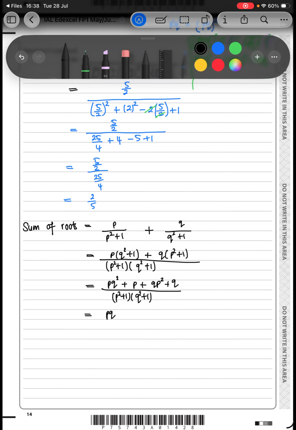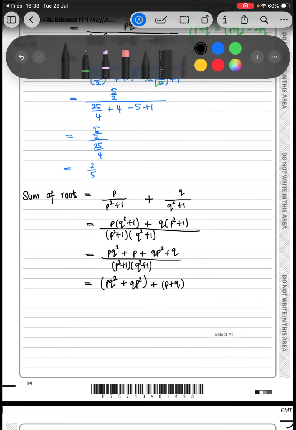So pq squared plus qp squared, I'll put a bracket over this, plus p plus q. Now this seems a bit more familiar. Why? Because we know the value of p plus q, and if we look at pq squared plus qp squared, we can see that we can take pq outside. So we have a factor outside, and then inside we will have p plus q, which means again we know the values of pq and p plus q, so it will be easier for us to simplify the fraction.